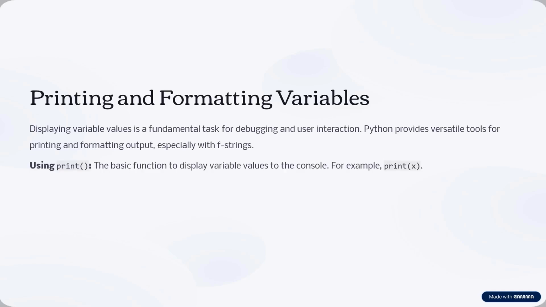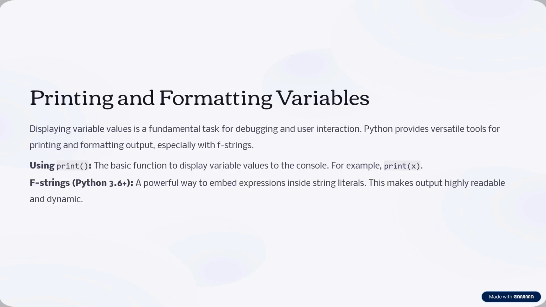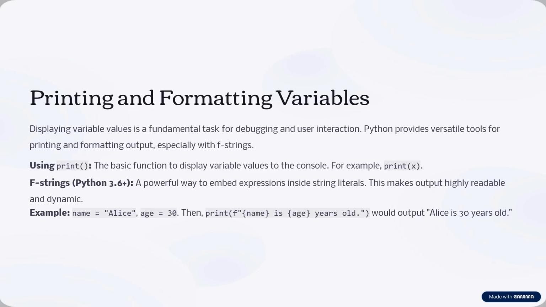Using print(), this basic function displays variable values to the console, for example print(x), where x is the variable. Then we have f-strings, which are a newer update of Python. It's a powerful way to embed expressions inside string literals. This makes output highly readable and dynamic. Example: name = Alice, age = 30, then print an f-string with the name and age, which will output Alice is 30 years old.